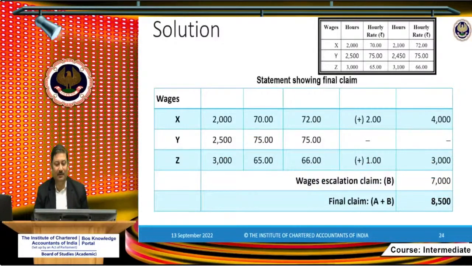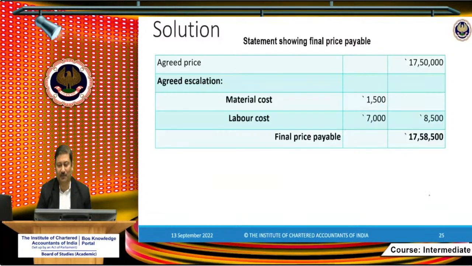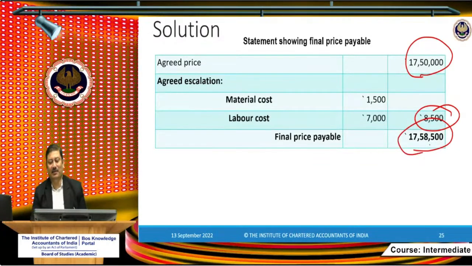For labor it will be 4000 and 3000, so total amount will be 7000, and final claim will be 8500. So how will the pricing be done? The agreed price which is given in the question is 17 lakh 50, and adjustment coming together is 8500. So final price available will be 17 lakh 58,500. So this is a question of contract costing.